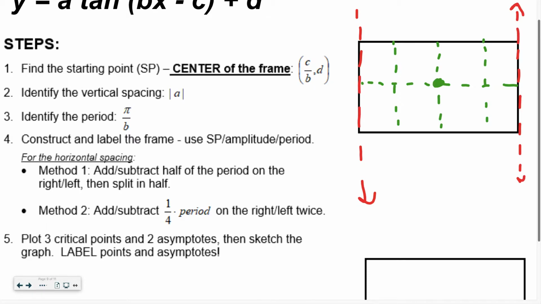Okay. Tangent does go through your starting point, and then those quarter marks on the edge of your frame will be where you draw your curve. Okay, so once again, we're still going to be paying attention to 5 items, 3 coordinates, and 2 asymptotes for you to label.